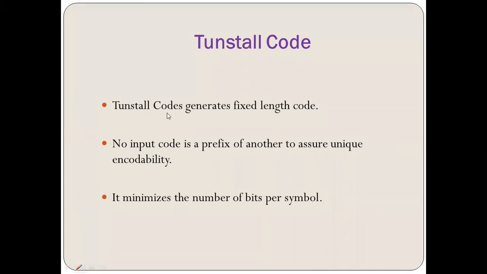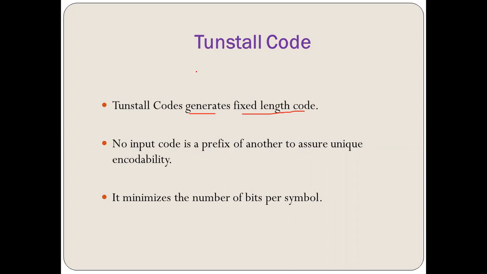says that Tunstall codes are the codes which generate fixed length codes. What does it mean? It means if you have a source in which you have 5 alphabets, let's say, so those particular 5 alphabets will have fixed length code. All the alphabets will be having the same length code.